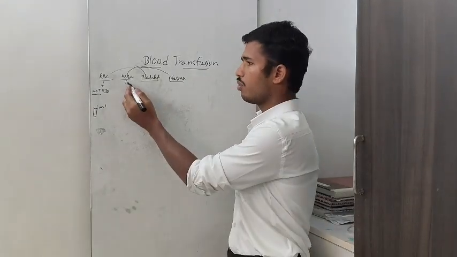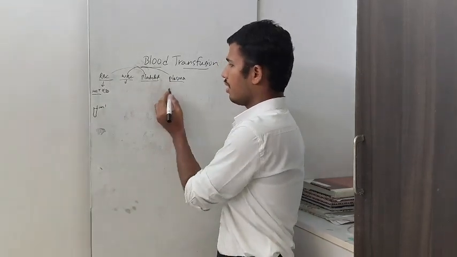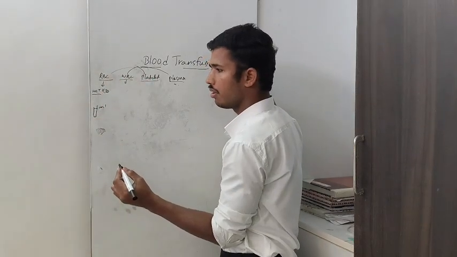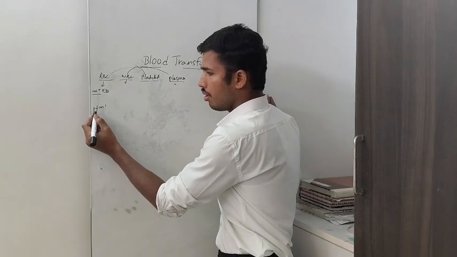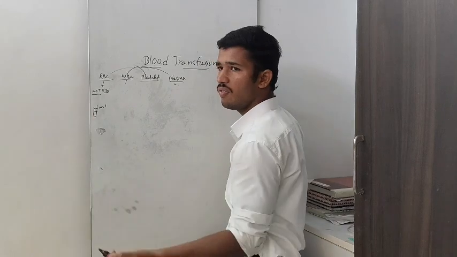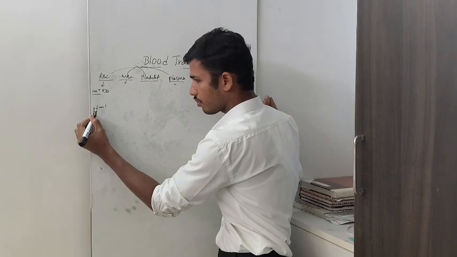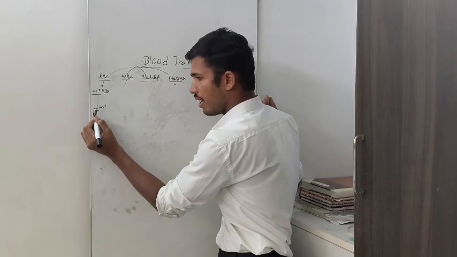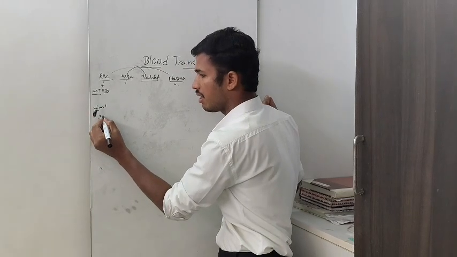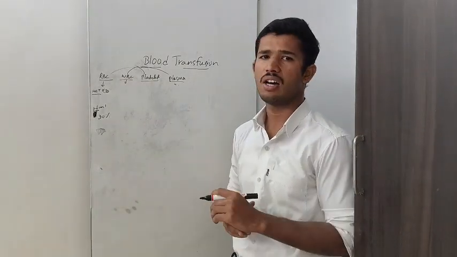WBC and platelets are just 1 to 2%. The cells are about 40 to 45%, and the remaining is the plasma. When all the cells settle down and the RBC level is less than 30, at that time we transfuse the RBC packed cells.